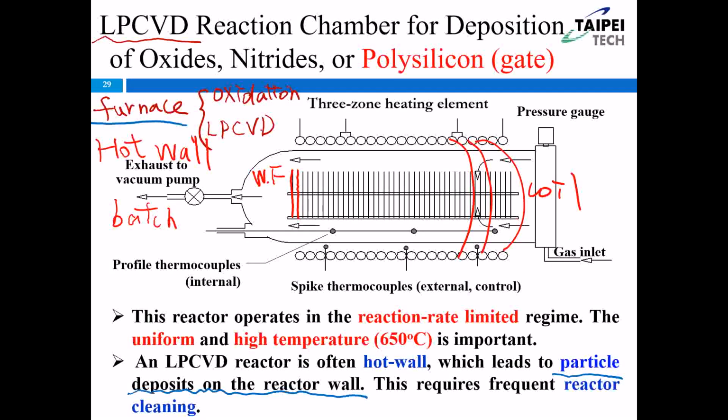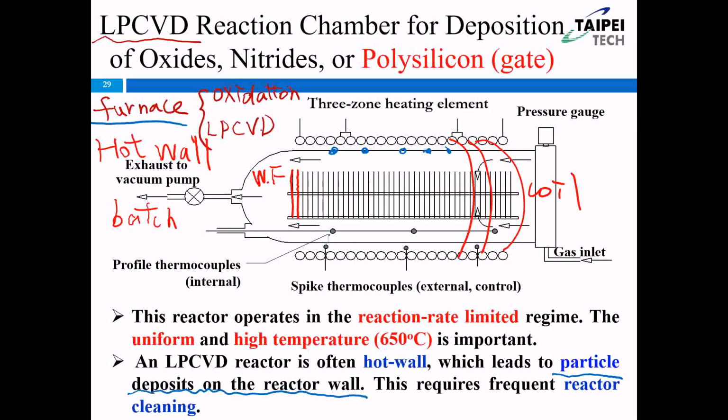So this quartz tube must require frequent cleaning, okay? Because the particle will deposit here. Usually the particles will deposit on the chamber wall and remain on the chamber wall.